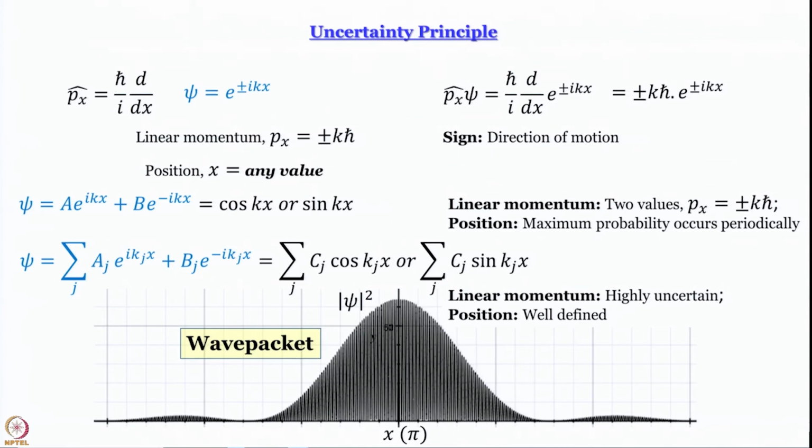In situations where position is better defined, linear momentum becomes ill defined automatically. So the wave mechanical treatment of Schrodinger is absolutely in line with the uncertainty principle, and using it we also get to realize that the uncertainty principle is really the threshold of nature beyond which we cannot go.